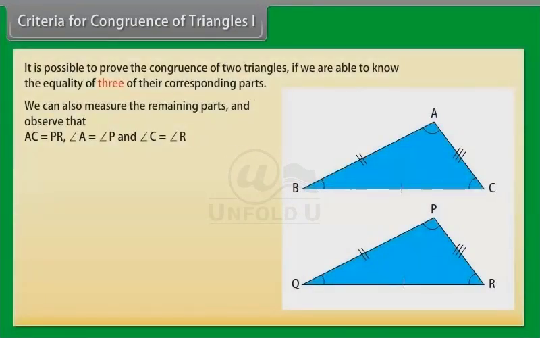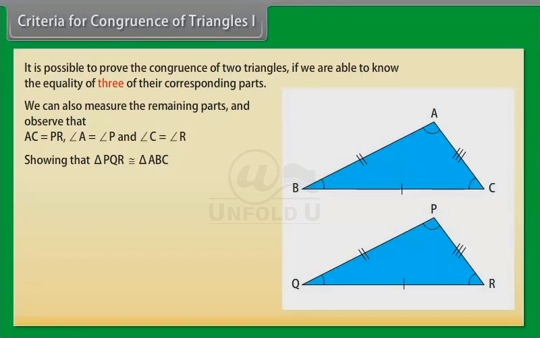Thus, we may say they are congruent. Alternatively, we can also measure the remaining parts and observe that AC is equal to PR, angle A is equal to angle P, and angle C is equal to angle R, showing that triangle PQR is congruent to triangle ABC. This means that equality of these three corresponding parts results in congruent triangles.